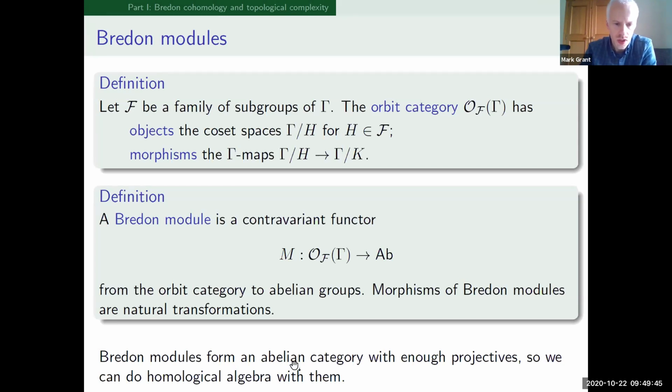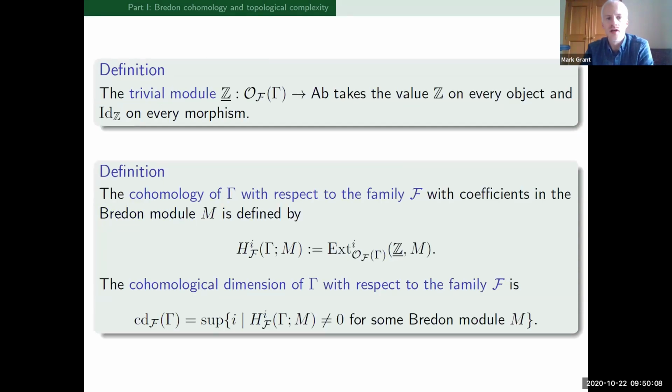So you can show that these Bredon modules form an abelian category with enough projectives, whatever that might mean. It just means that we can do homological algebra in this category of modules in the way in which we're accustomed to doing if we ever do cohomology of groups. Because there is a trivial Bredon module, constant Z, which takes the value Z on every object of the orbit category, and on every morphism is just the identity homomorphism.